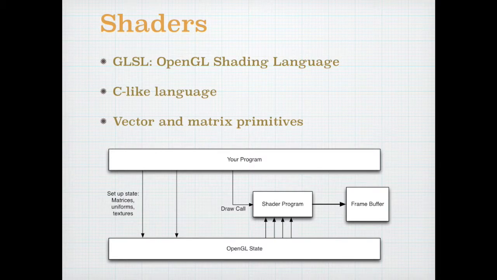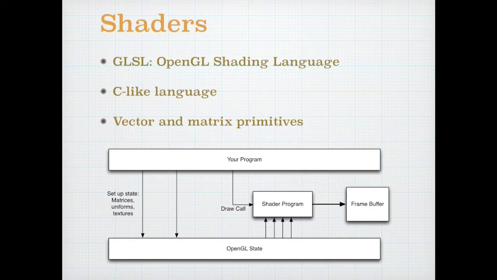That's where the OpenGL state is stored. That has things like what shader program you're using right now, whether Z buffering is turned on or off, and whether alpha blending is turned on or off. All that state is stored there in the context.